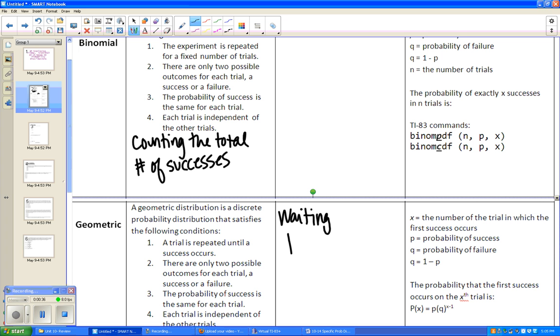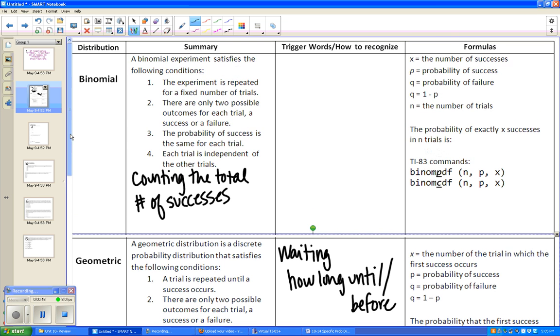So it's like how long until or before something happens. Okay, whereas here it's talking about something like exactly or at least or at most. So at least, at most, something like that. So calculator sort of stuff you should know here.